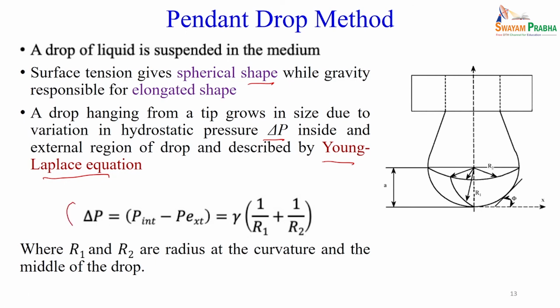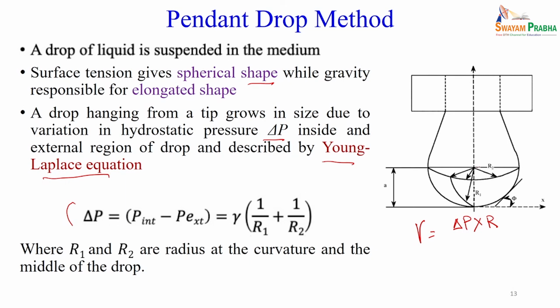So, the Young-Laplace equation says surface tension is equal to delta P into R, but here the delta P is the P internal minus P external. So, why are we having inside and external regions? Because the drop is not spherical.